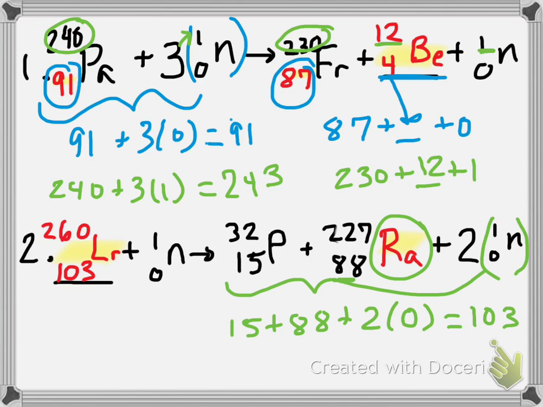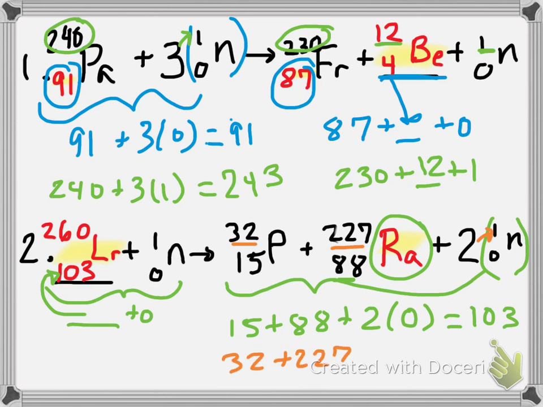Okay, then I also know that 0 plus something from this side has to equal 103, so that's why I put the 103 in the blank, because 103 plus 0 equals 103. Then I looked at my atomic mass, and I saw that I had 32 plus 227 plus 2 times 1. So 32 plus 227 plus 2 times 1, because I have 2 neutrons, and that gives us 261.